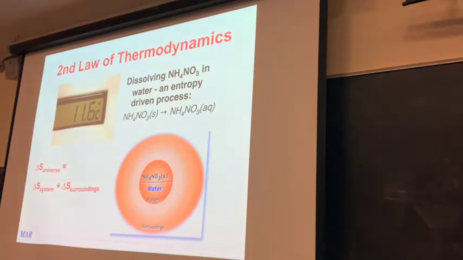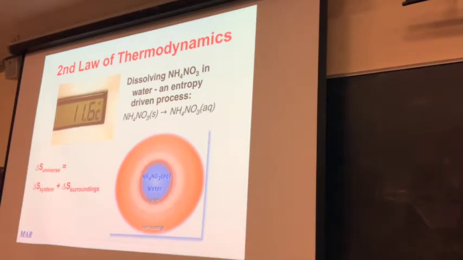As the ammonium nitrate dissolves, the entropy of the system increases. At the same time, the surroundings lose energy and experience a decrease in entropy. The increase in system entropy, however, is greater than the decrease in the surroundings entropy.